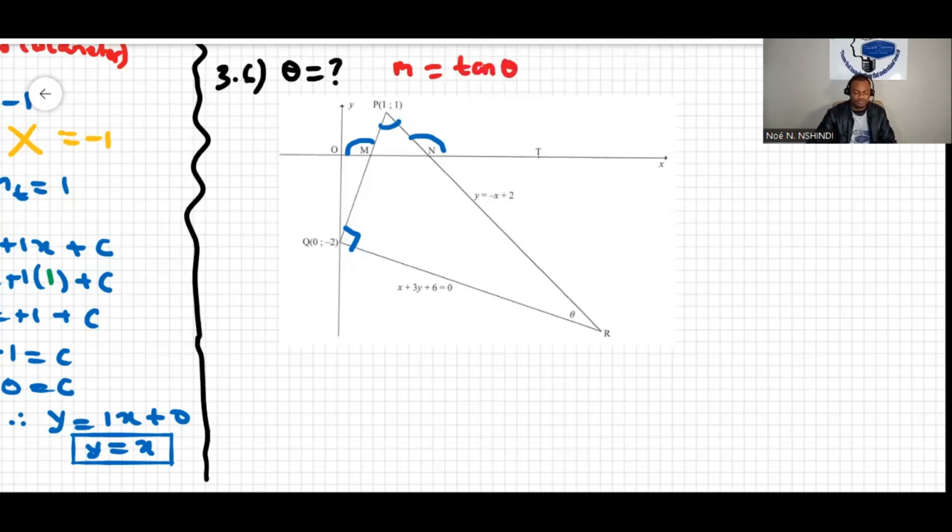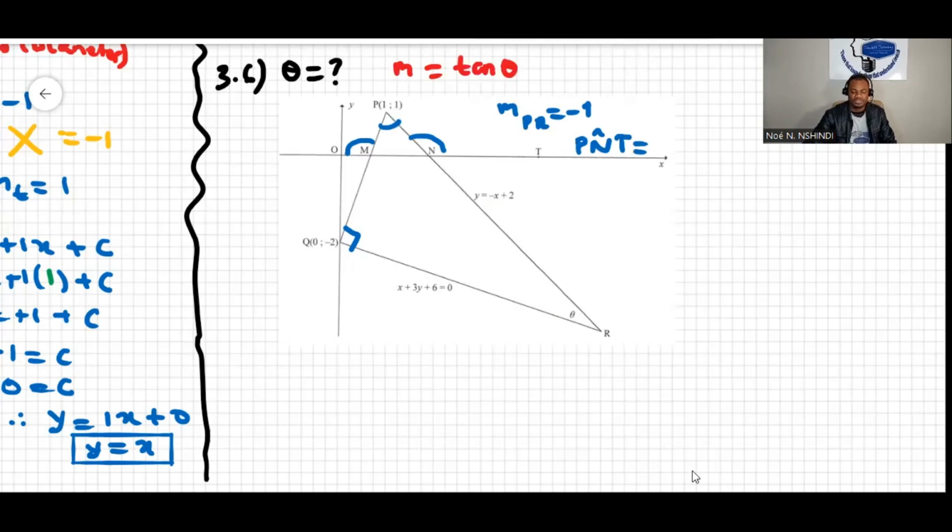The gradient of this line is -1. We can see the coefficient of x is -1. So I'm going to say m will be equal to m_PR, which is -1. We can find the angle PNT.